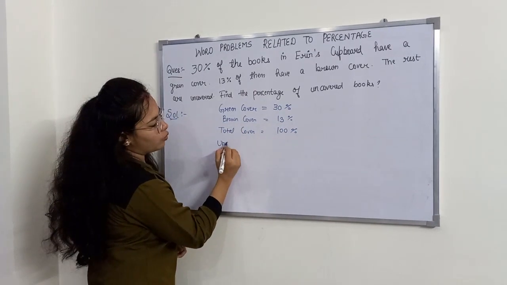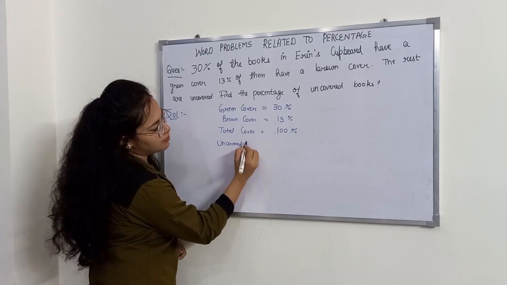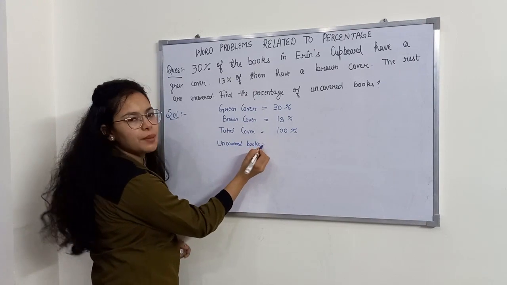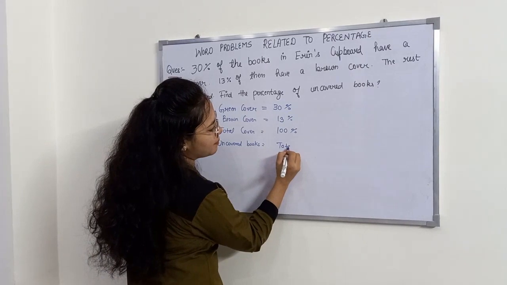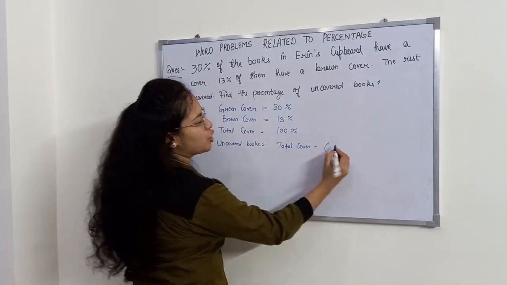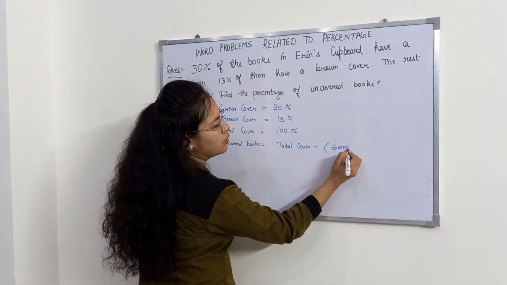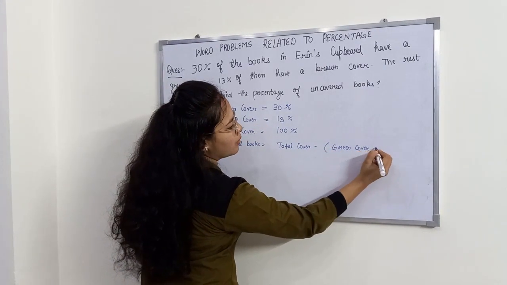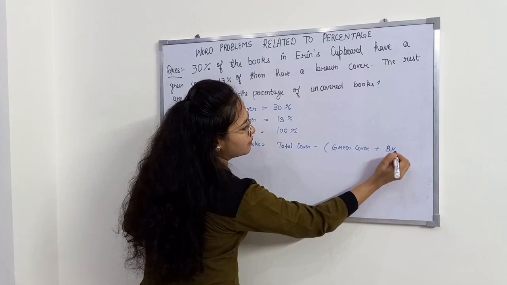So if we have to calculate the uncovered books, how can we calculate? Simple. Total minus the addition of these two, green cover plus brown cover.